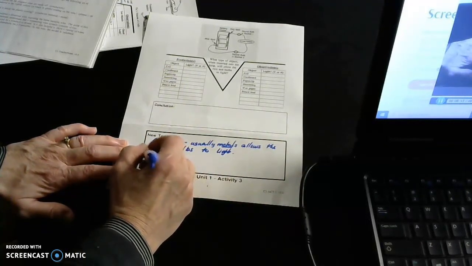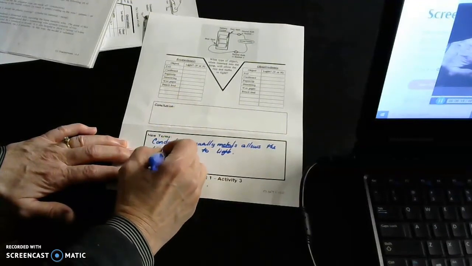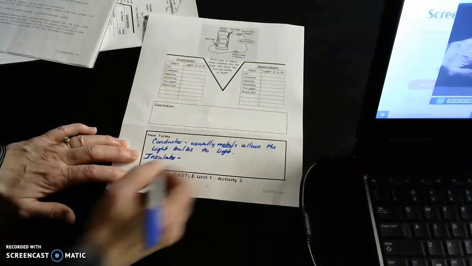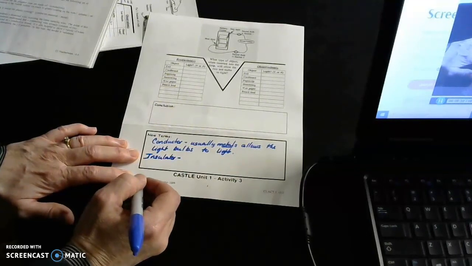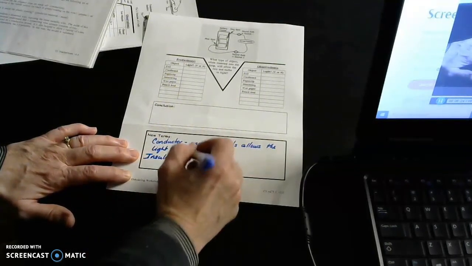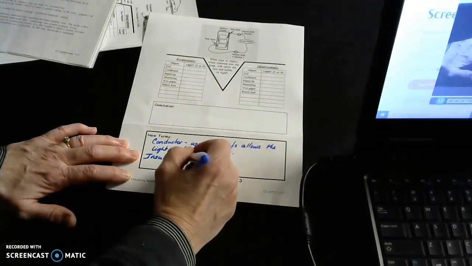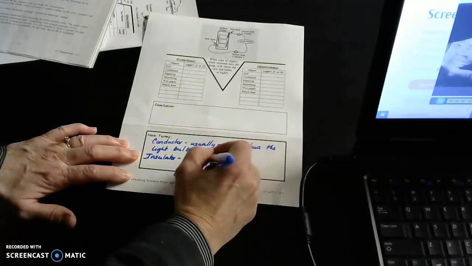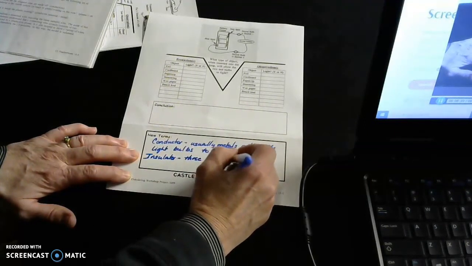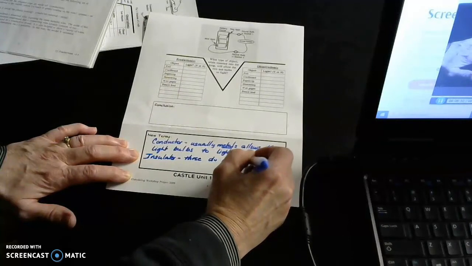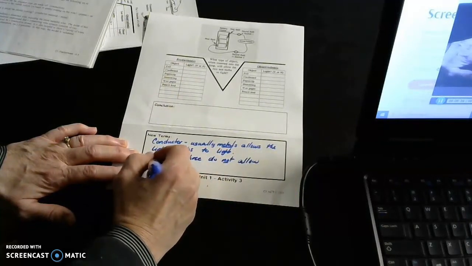The opposite of that is what we call an insulator. These do not allow light bulbs to light.